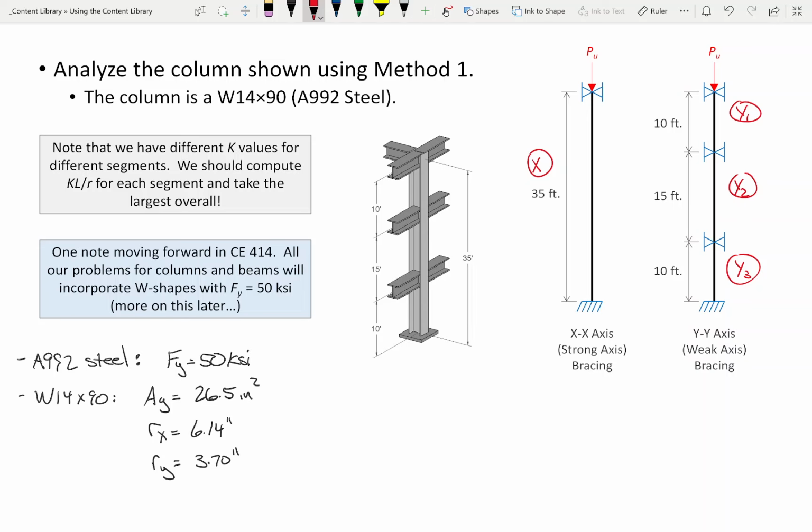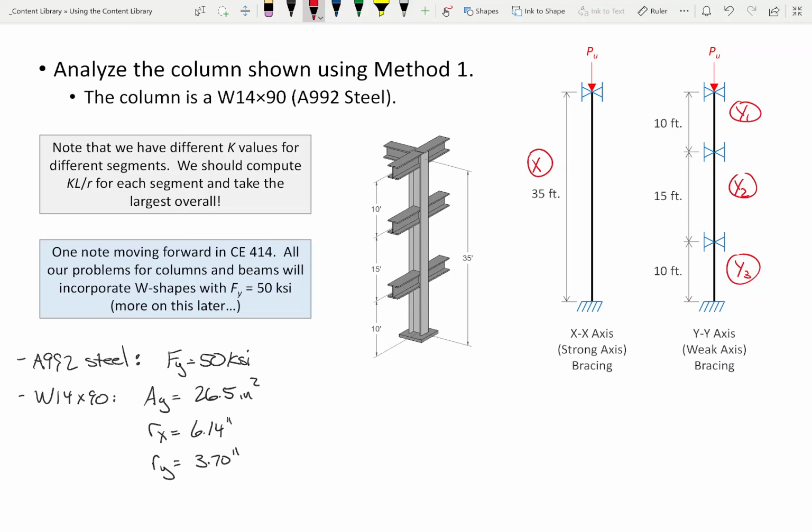Which ones? No. This is a fixed boundary condition. This is fixed, okay? Now let me ask it again. Any segments that are pinned on the top and pinned on the bottom? Y1 and Y2, right? So this one we can say is a K value of 1. This one we can say is a K value of 1.